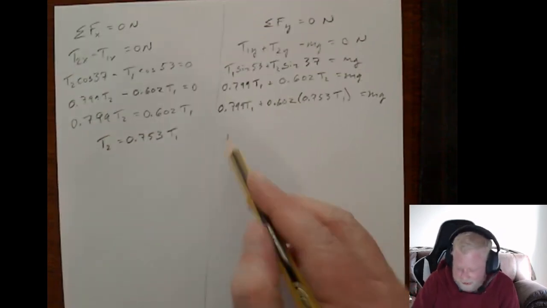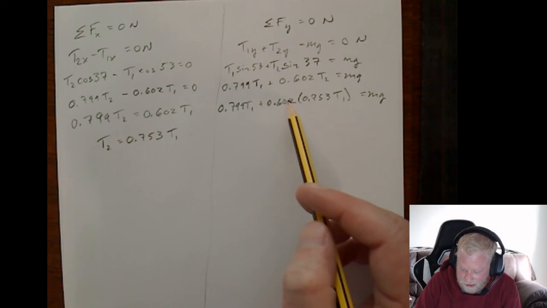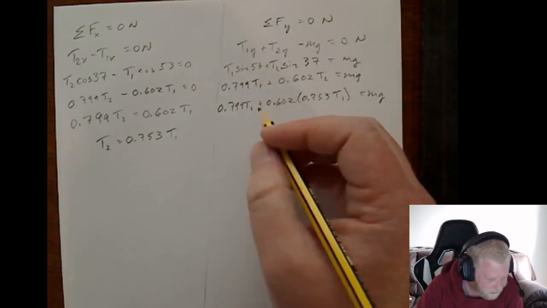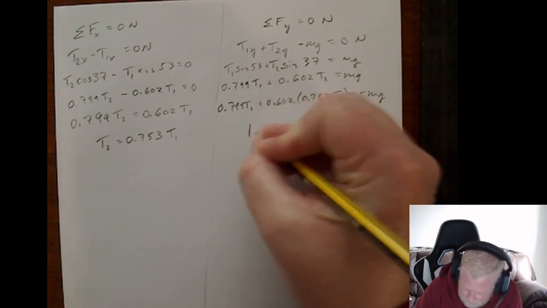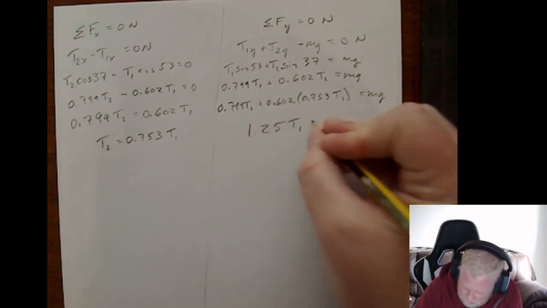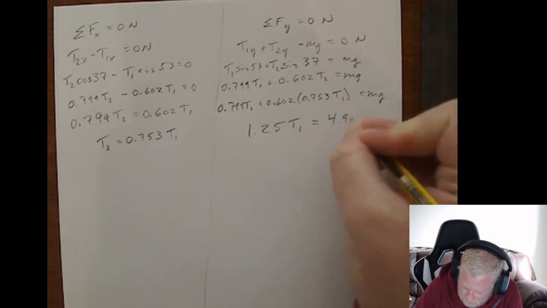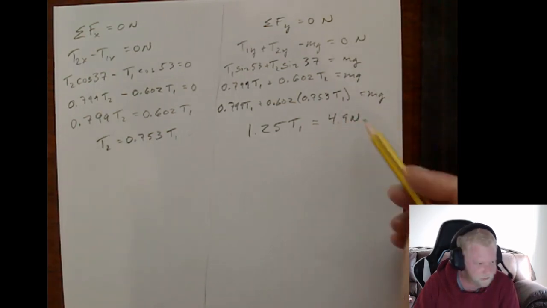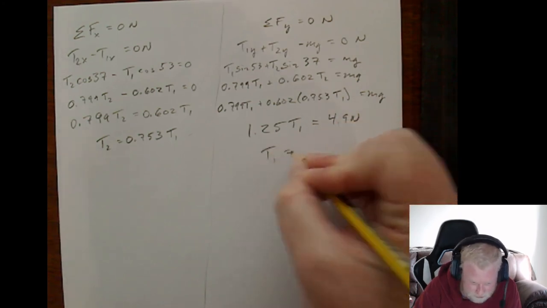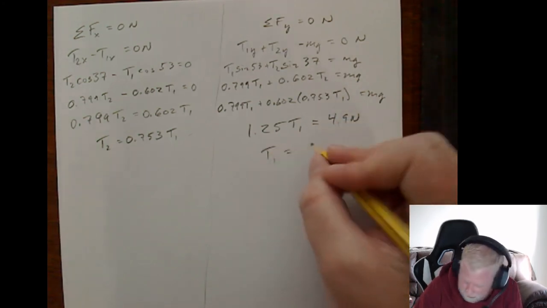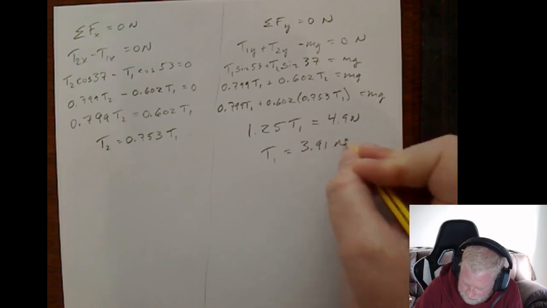So let's go ahead and consolidate all our T1s. So multiply and then add. And we get 1.25 T1 is equal to 4.9 newtons, right? The mg that we had found before. So T1 comes out to 3.91 newtons.